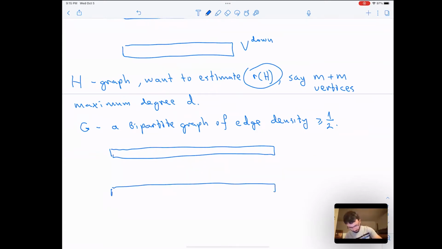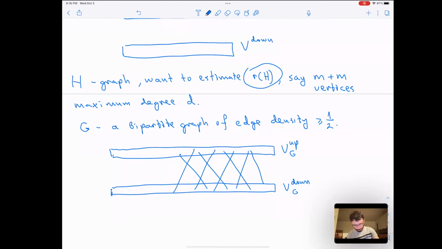Okay. So the idea is to first choose in a special way a subset of V up.